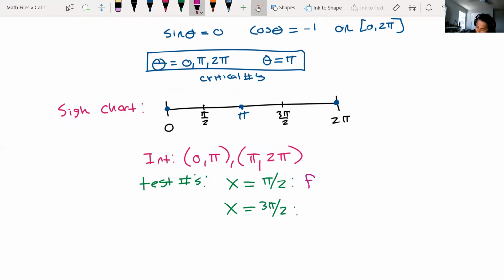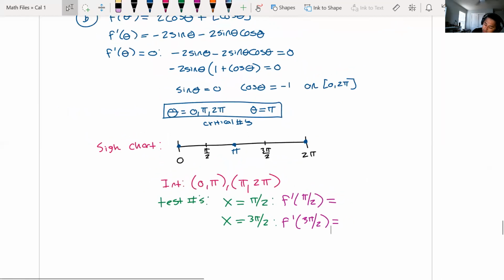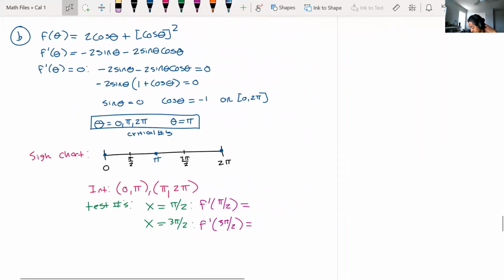And then I'll have f prime of pi over 2 and f prime of 3 pi over 2. Plug those into your first derivative. And sine at pi over 2 is 1. So you get -2 minus 0. So the first one would be negative. And then 3 pi over 2, you get -1.